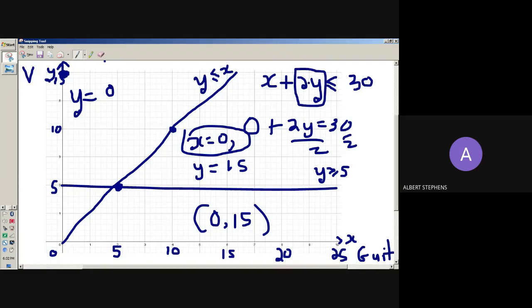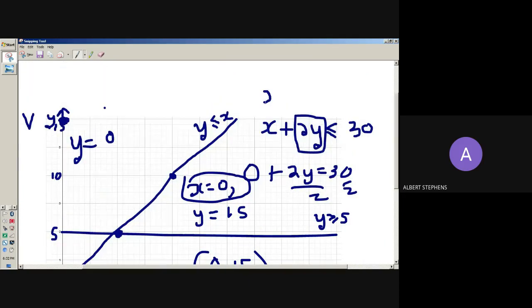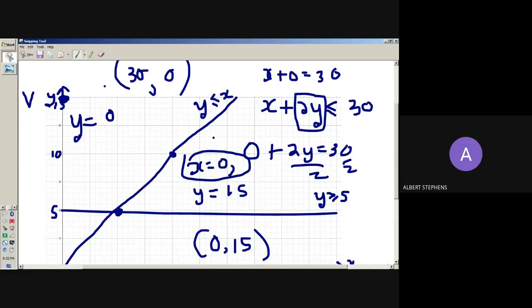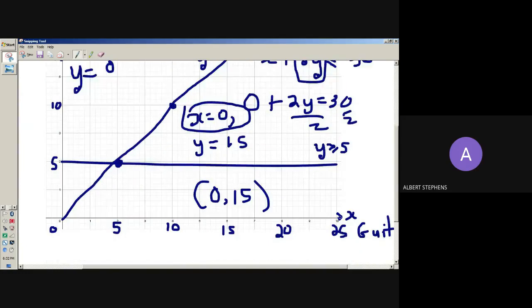What's 2 times 0? 0. So now I'm left with x plus 0 equals 30. So my next point would be x is 30 and y is 0. In other words, 30, 0. Where's 30, 0? It looks like around here.